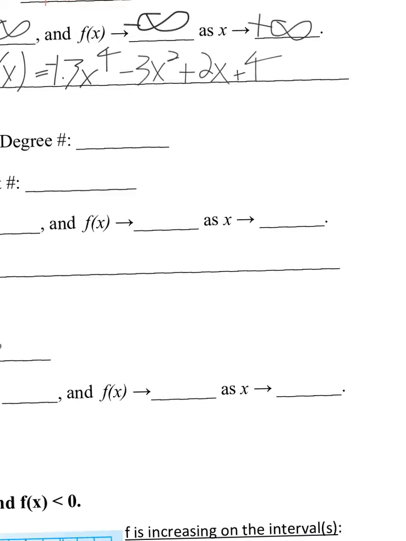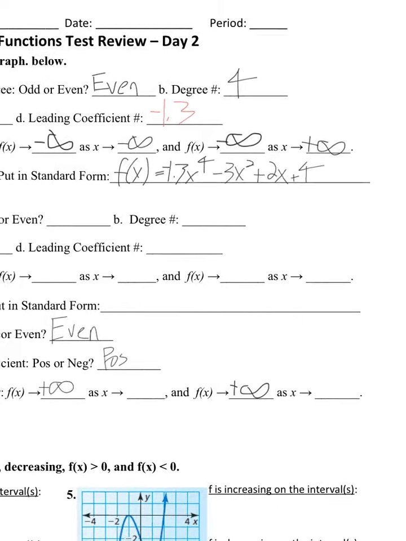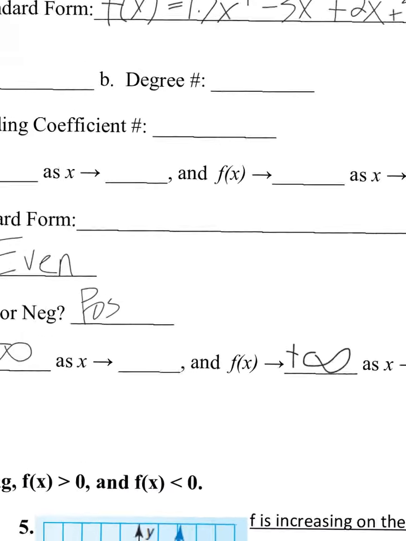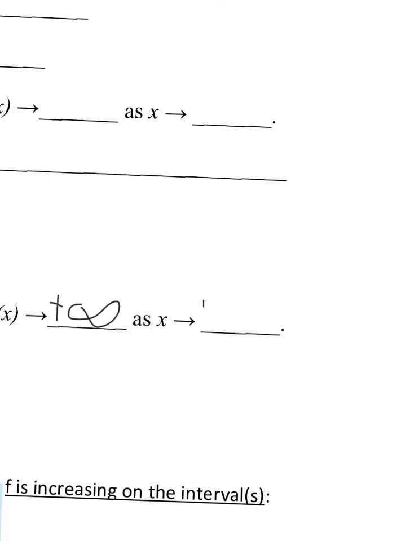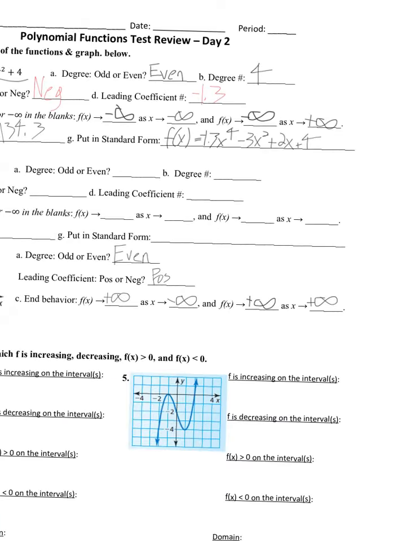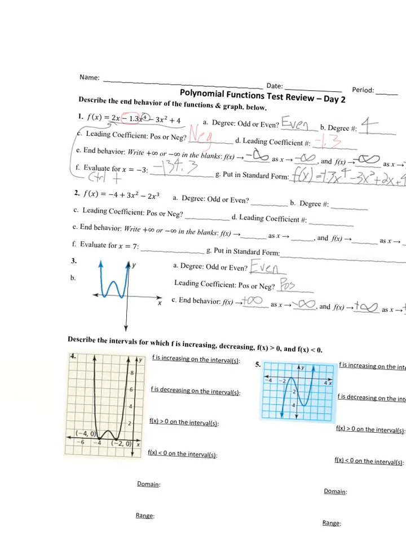Both y's are both plus infinity. And then, what else did I want to say? Oh yeah, the x's. Lost my train of thought for a moment there. The x's always go negative positive. So, yeah, that takes care of the end behavior on number 3. And so number 3 is done.